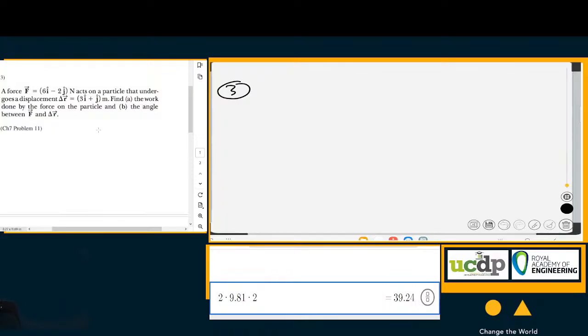Okay, that's easy. So the work is always going to be force dot delta r. So it is Fx, the horizontal component, times x, plus the vertical component times y.